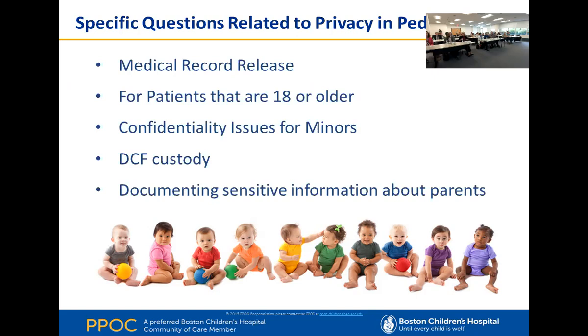Once that's transferred, in my understanding, if they've gone under what DCF calls care and protection, then DCF becomes the authorizing body. And that parent is no longer able to get information.